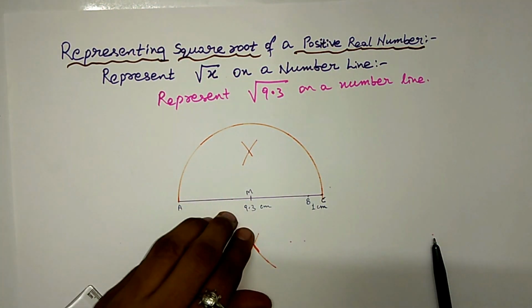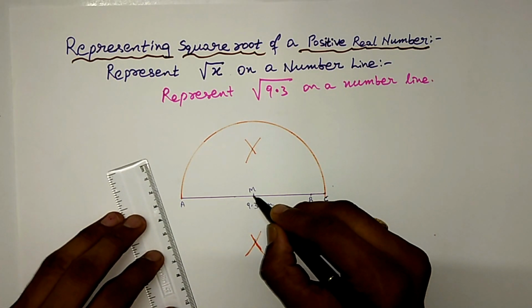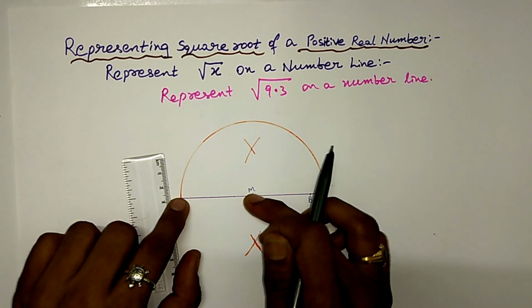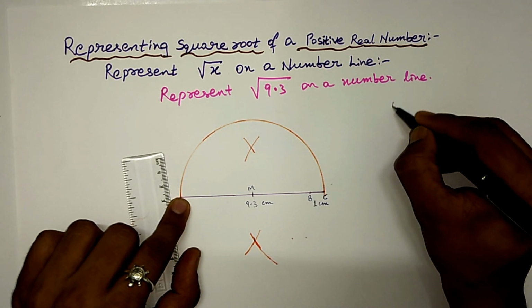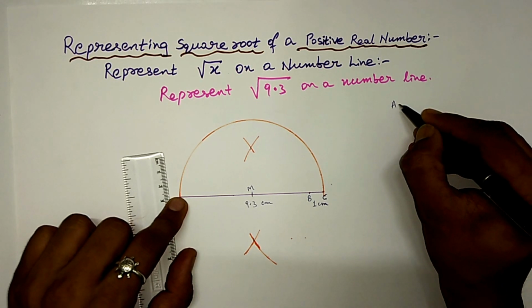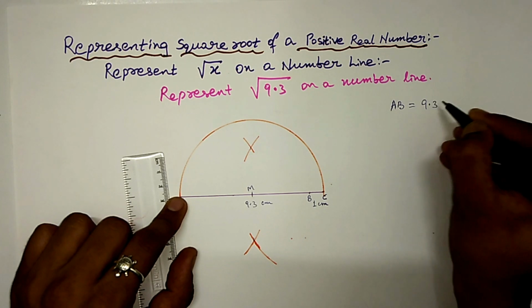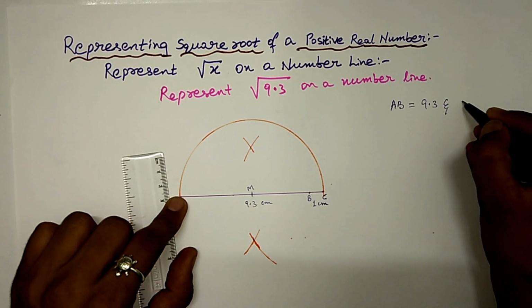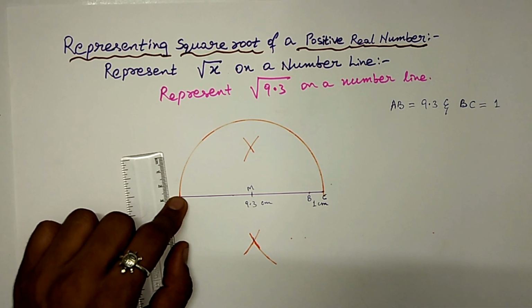This semicircle now has a radius of AC by 2, or AM. Here I have taken AB of measure 9.3 and BC of measure 1.